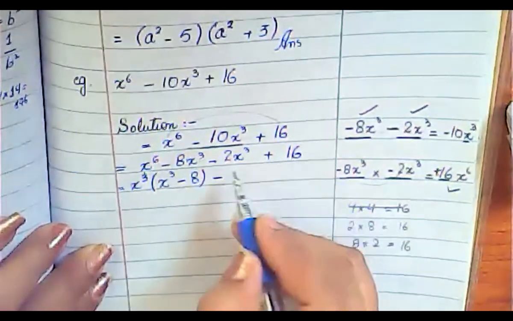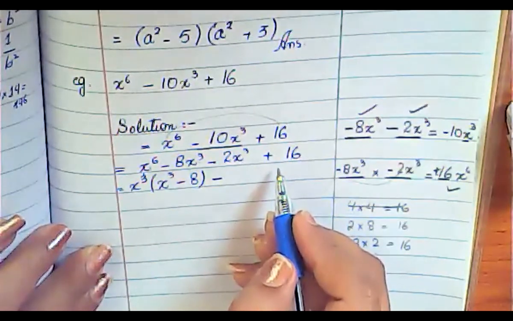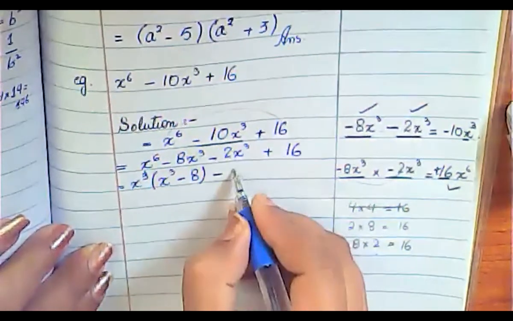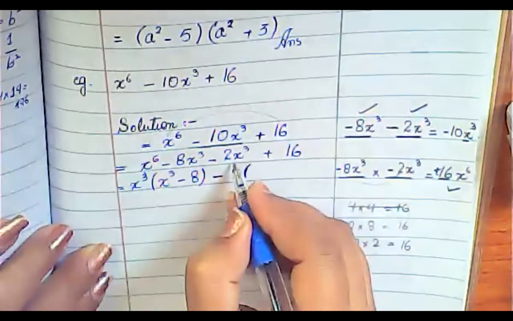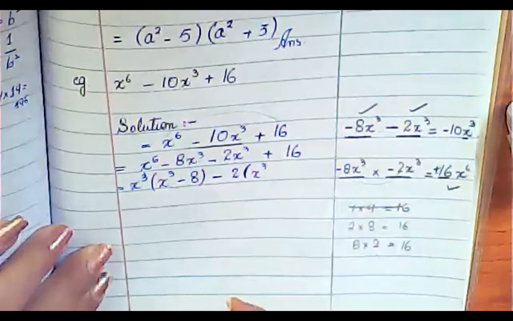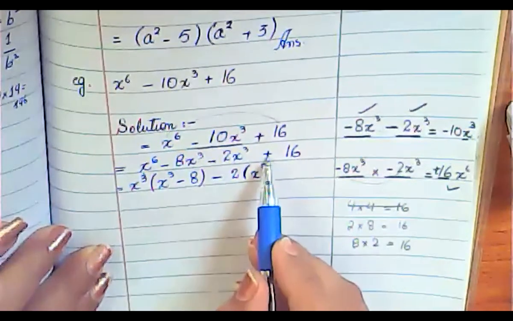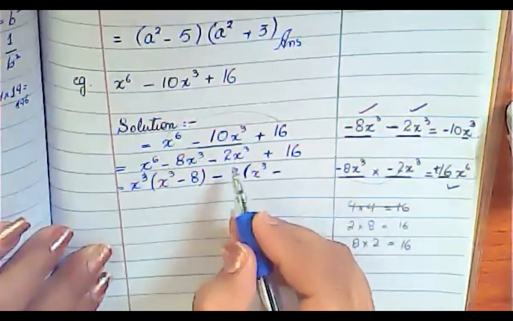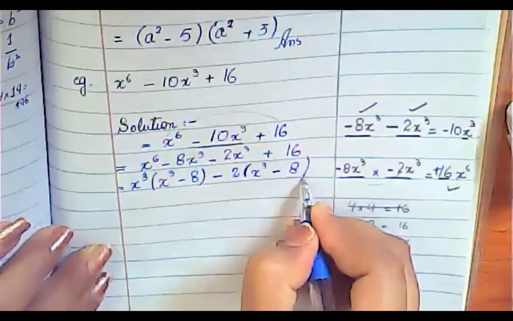Now in these two terms, what is common? 2. So what will be left here? x cube. Okay. Now we will multiply the sign here. Minus plus will be minus, and 2 multiplied by 8 will be 16.